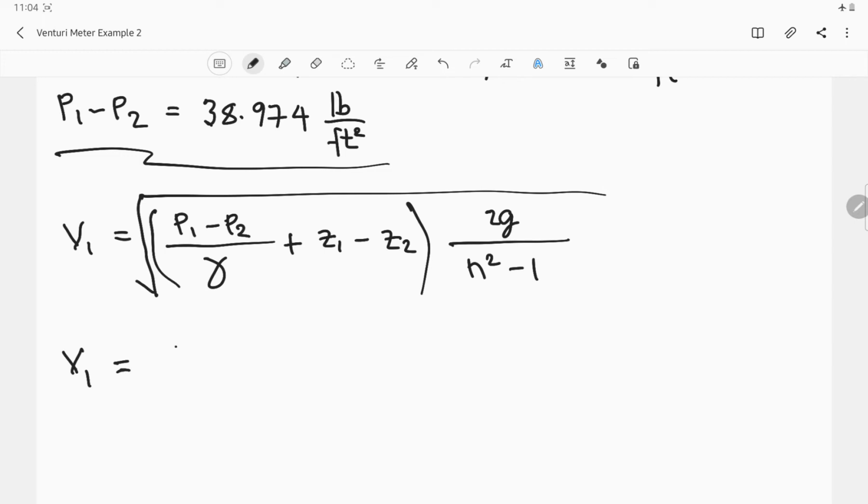P1 minus P2, that's 38.974 pounds per square foot over the unit weight.